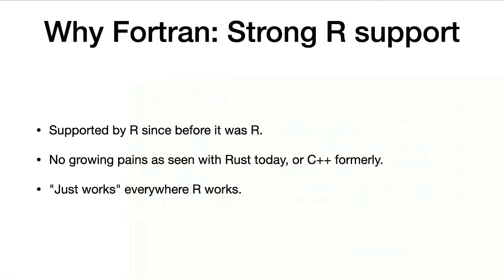And this comes through in a lot of ways, including how R was designed and evolved. And one of the ways it comes through is that everything with Fortran just works. You don't have the growing pains that you see with something like Rust today or what C++ experienced in the past and sort of the inherent complexity that comes with that. Fortran just works. It works simply and it works well in an R package.